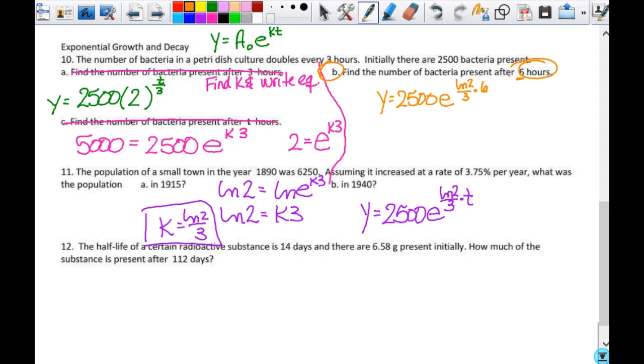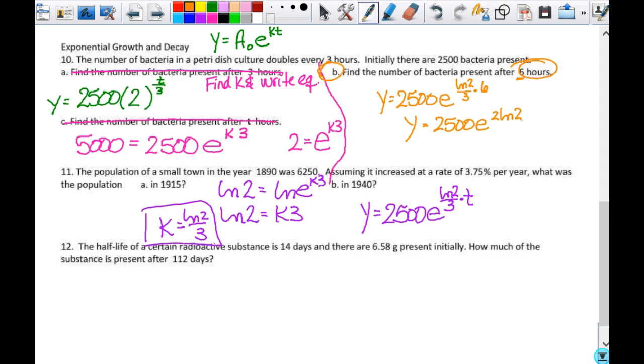Okay. Now, is this going to simplify a little bit? Since you're using a calculator, you don't even have to simplify it, but sometimes it helps. If you want to type this in and store it and then use your stored number, that works too. But the natural log of 2 divided by 3 times 6 is just what? 2 times the natural log of 2. So it's 2,500 times e to the 2 times natural log of 2.